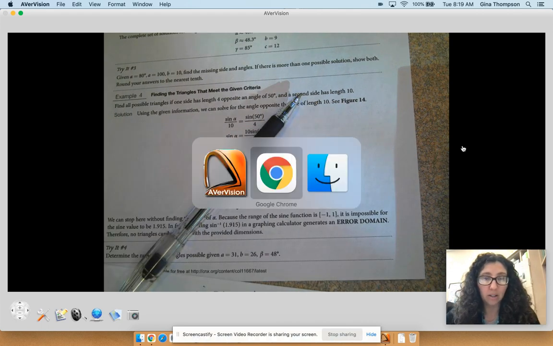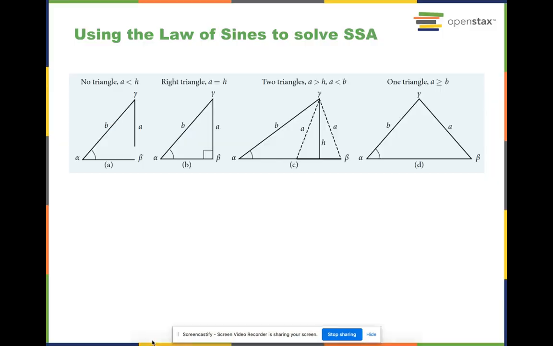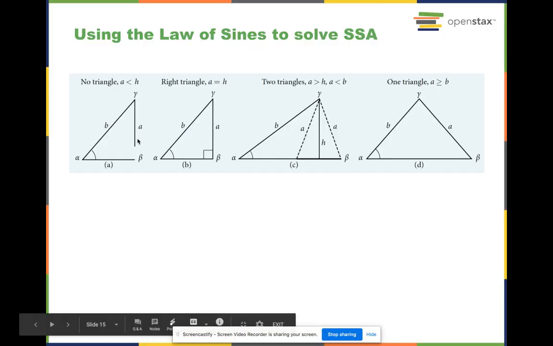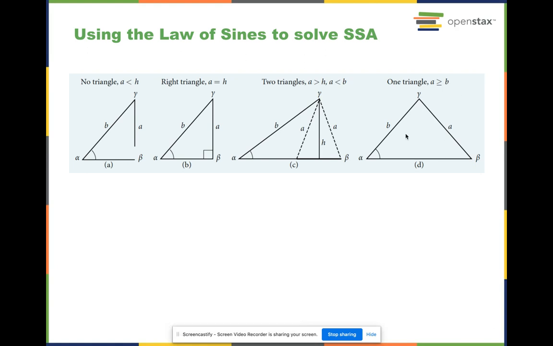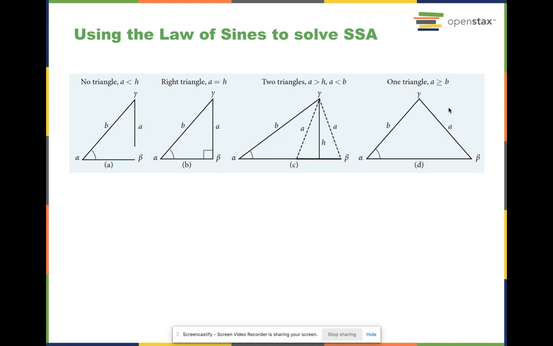So if we go back to our slideshow here, we've done this, right? We have no triangle. We had one triangle. We had two triangles. A right triangle is kind of a special case of one triangle. So we've had 0, 1, or 2 triangles.